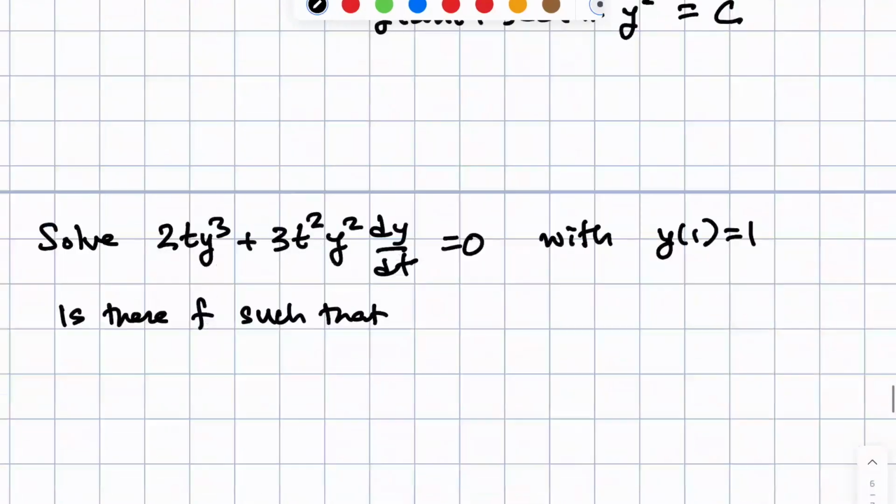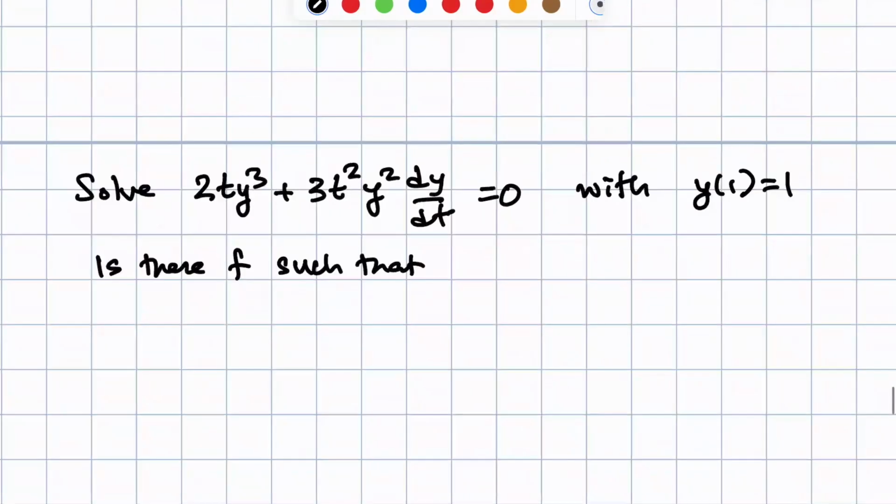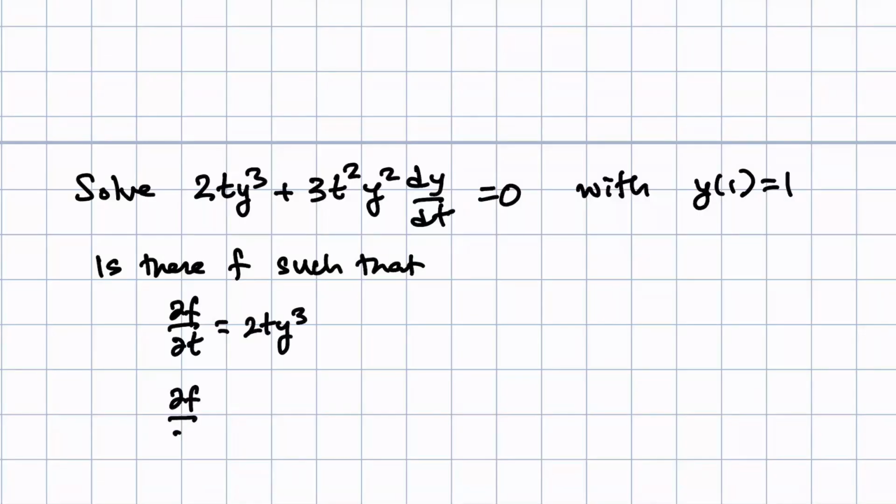Some professors will probably want you to check, but you can always check just by integrating and seeing whether the equations that come out are compatible with each other. So df/dt is equal to 2ty cubed, and df/dy is equal to 3t squared y squared.